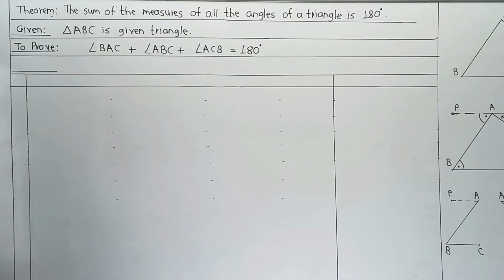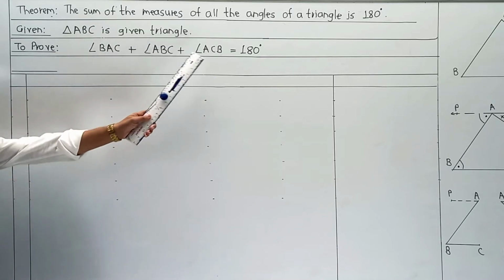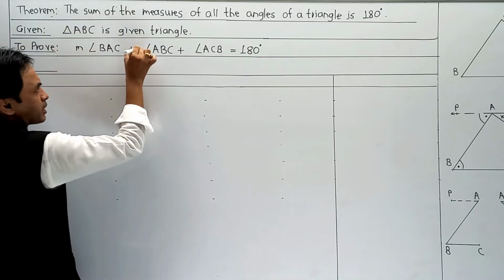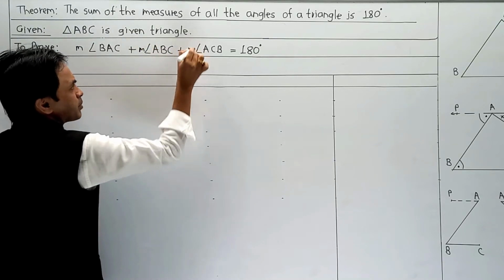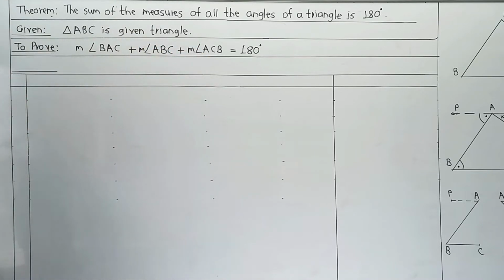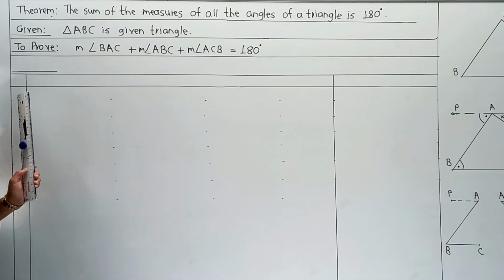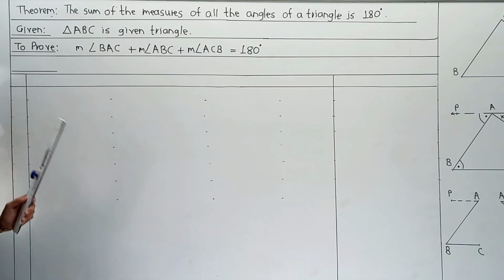Now we have made some modification, which is the construction. You can give this name here, or you can also write it as measure of angle A, measure of angle B and measure of angle C. Now construction. What exactly have we done in the construction? We have drawn line PQ which passes through A and is parallel to BC.